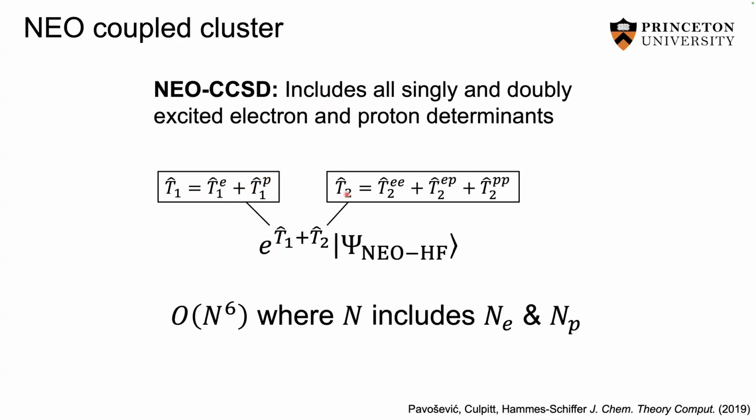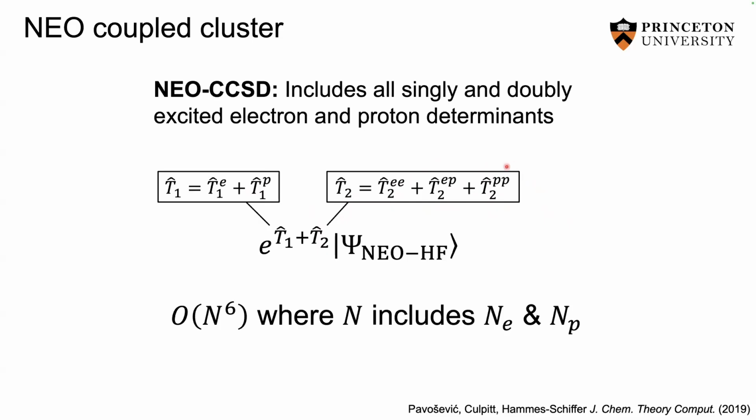And similarly, for the T2 operator, we have electron-electron double excitations, or doubly excited determinants. But we also have then joint electron-proton doubly excited determinants that really are important for capturing that electron-proton correlation that I was talking about. And then again, if we have multiple quantum protons, we also have proton-proton doubly excited states.